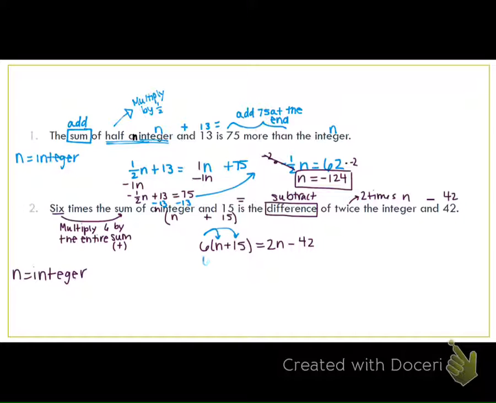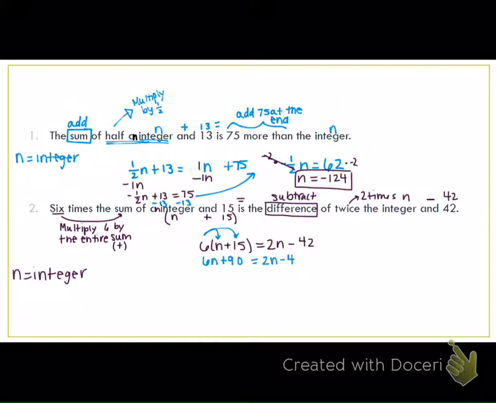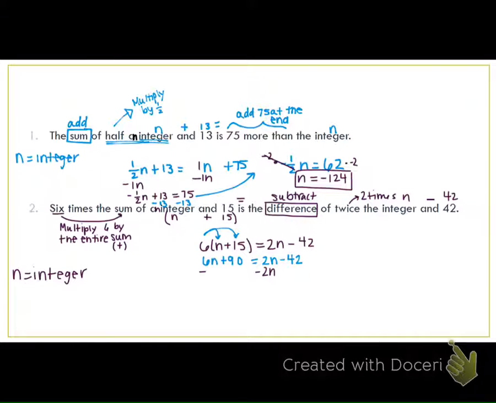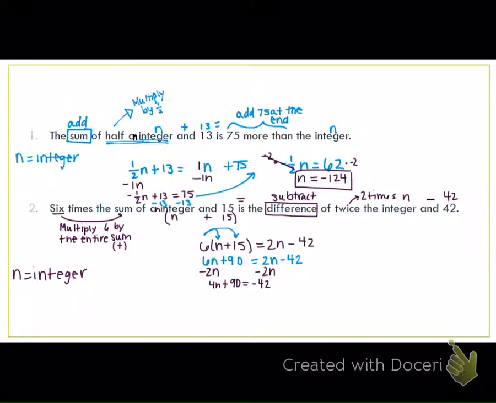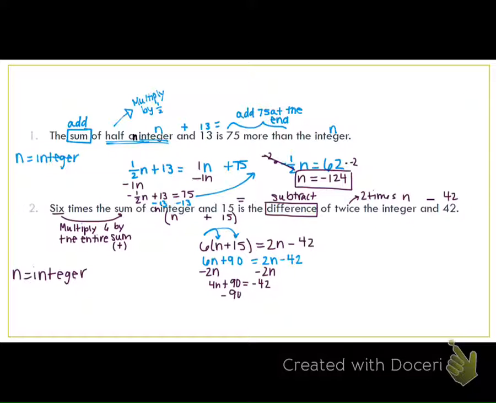So I do the distributive property. Subtract 2n on both sides. Then I subtract 90 on both sides.